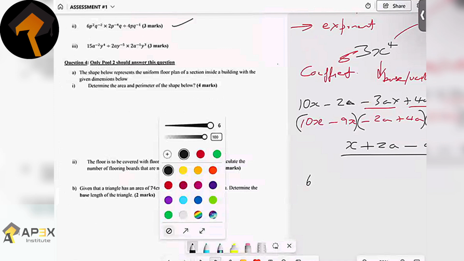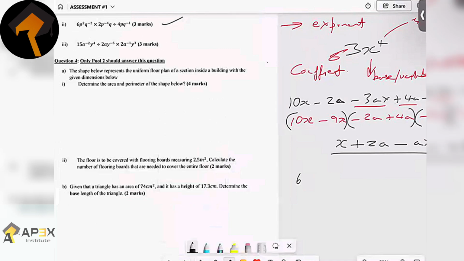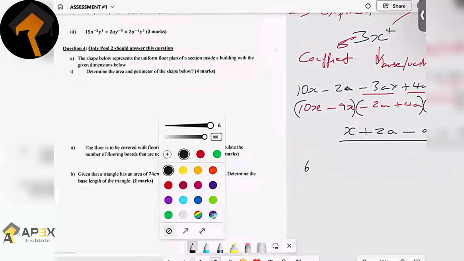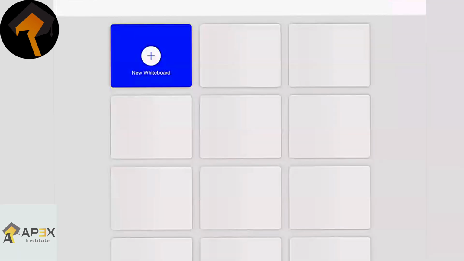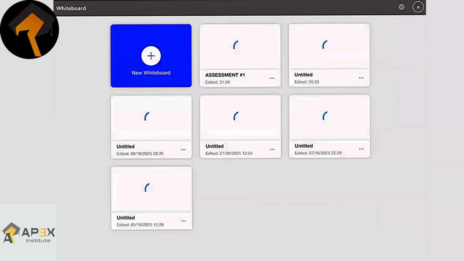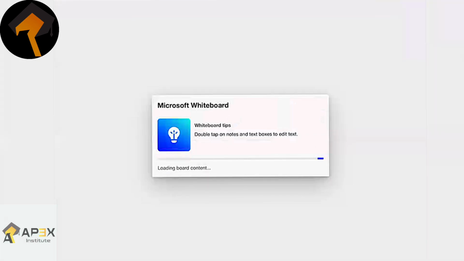Just a second here, guys. For some reason my pen is not going to work, so let's figure this out. We need to close the screen and come back. Just give me a second here. It does have some times when the screen tends to go out. Let me pull up the assessment document.